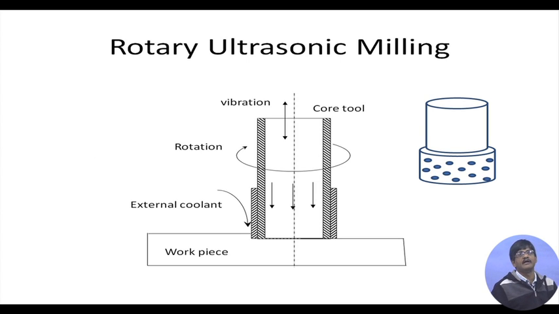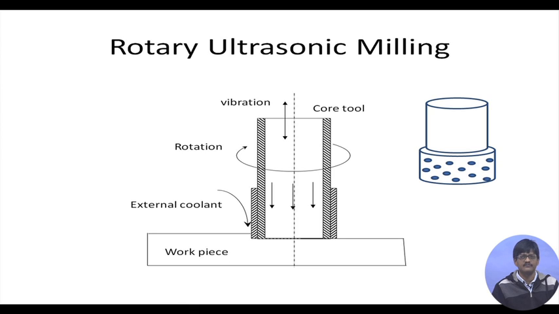Now, we will quickly have a look at some of the other ultrasonic methods, not exactly of the same type as our ultrasonic machine, the typical die sinking type machine that we are seeing.